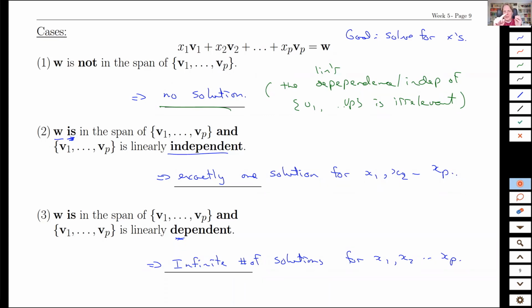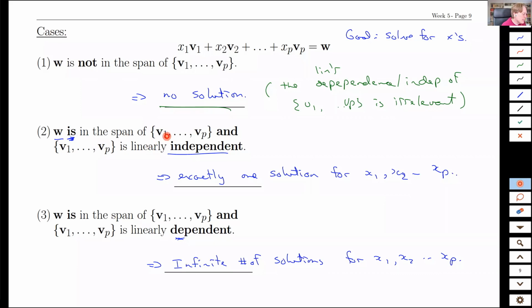Well, you can only move in the directions of the vectors you've been given. You can only move in the directions of V1 through VP. And if it just turns out that you can't get to W using those chess moves, scaling and adding them, then there's no solution to the system of equations because we can't make W out of linear combinations of the vectors we've been given. And that's fine, that's an outcome.